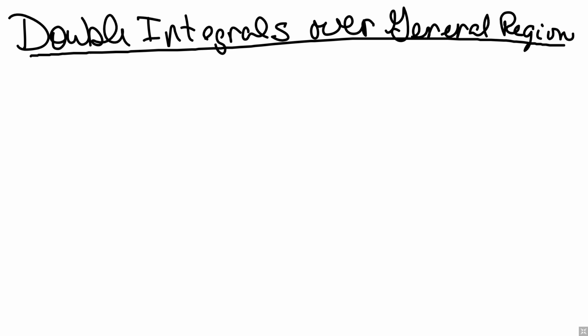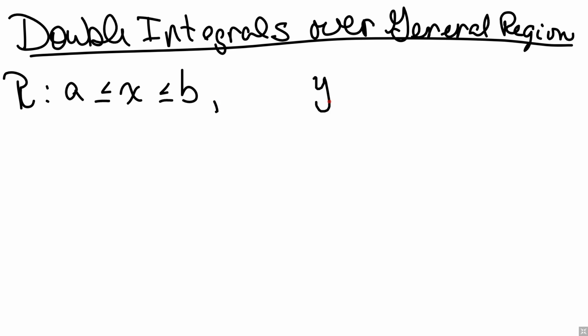All right, so one of the things we're going to do is go back and revisit Fubini's theorem and make it a little bit stronger. We can have our region defined where x is bounded between a and b, and y is bounded between two different functions, g sub 1 of x and g sub 2 of x.